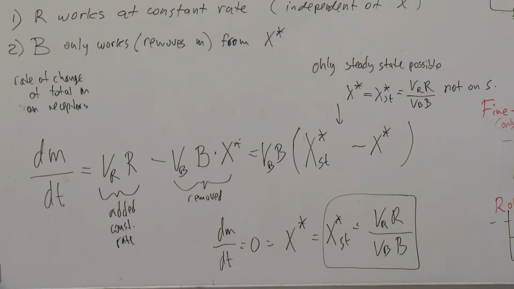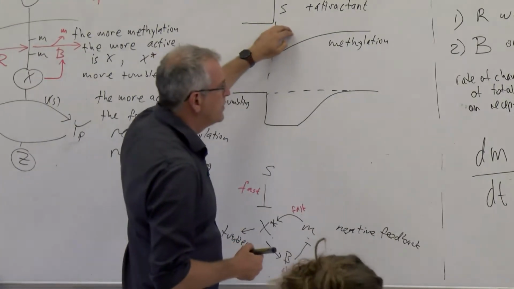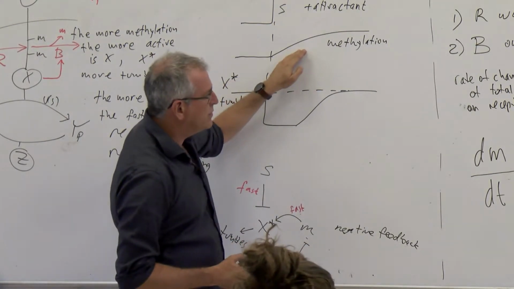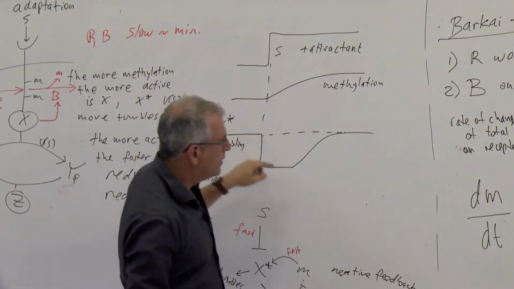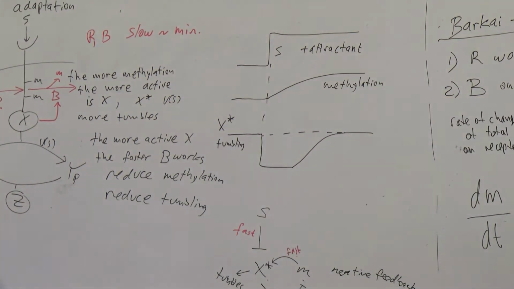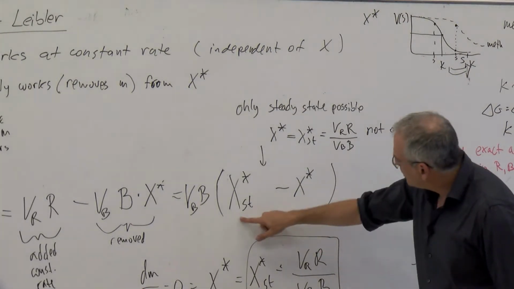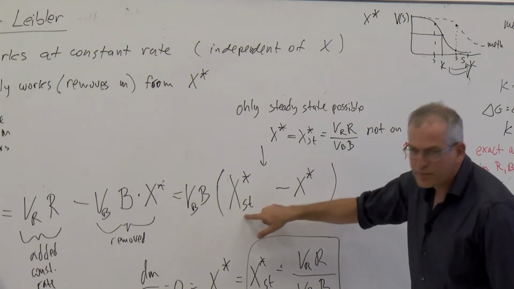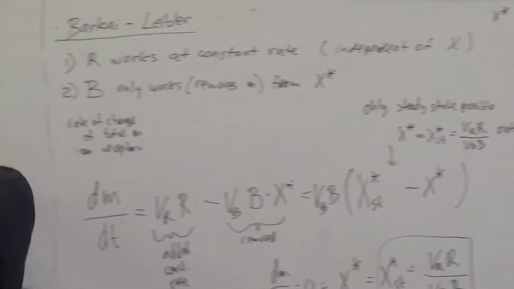So no matter what happens, whatever R and B are, if I put on attractant, activity immediately lowers. And then this thing here is positive. X star is below its steady state, and methylation starts accumulating.